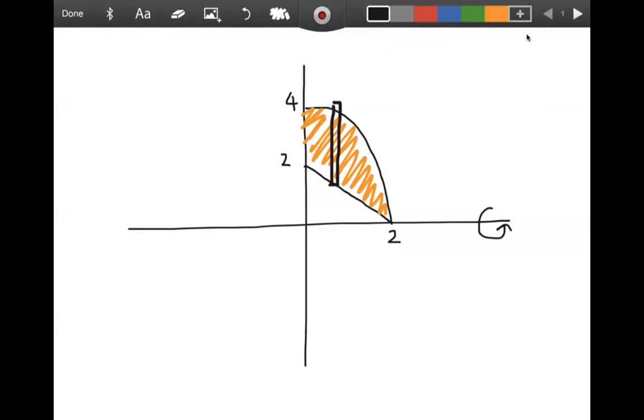The integral is, there we go, the integral from a to b of pi times the outer radius squared minus the inner radius squared.